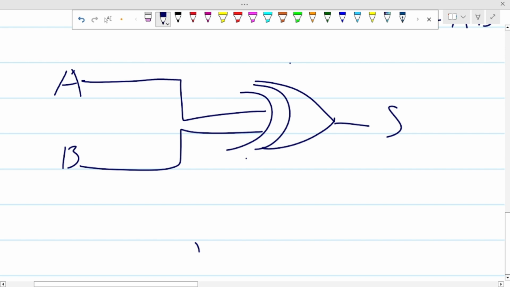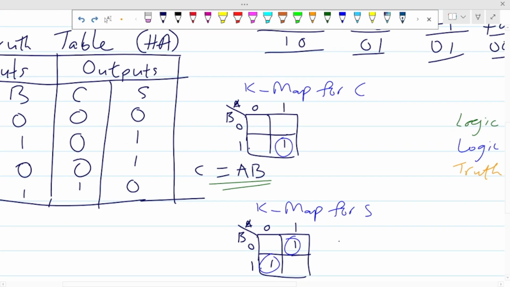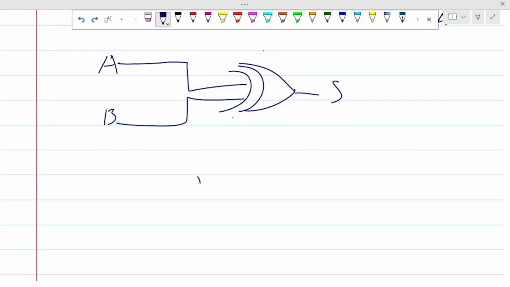Then for carry now. Same A and B, but this time A and B are going to this. A and B will just AND themselves. So we have it like this.